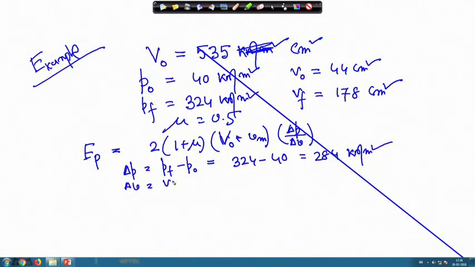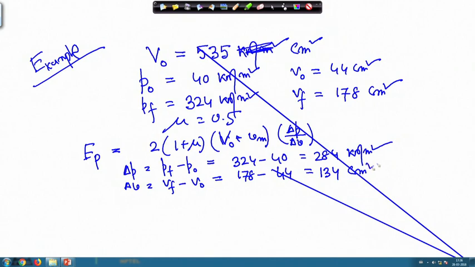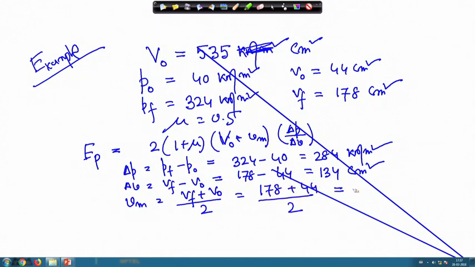Delta V is Vf minus V0, that is 178 minus 44, which is equal to 134 centimeter cube. And small vm is equal to Vf plus V0 divided by 2, that is 178 plus 44 divided by 2, which is equal to 111 centimeter cube.